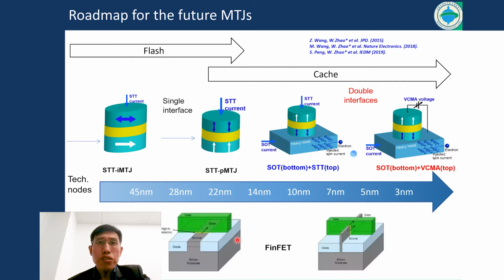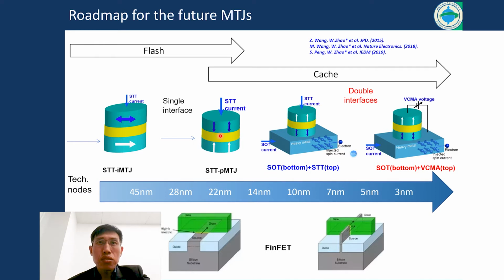This is very similar to the development of FinFET, the mainstream transistor used in our mobile phones. So you can see that this is a single interface, and this is a 2 interface.